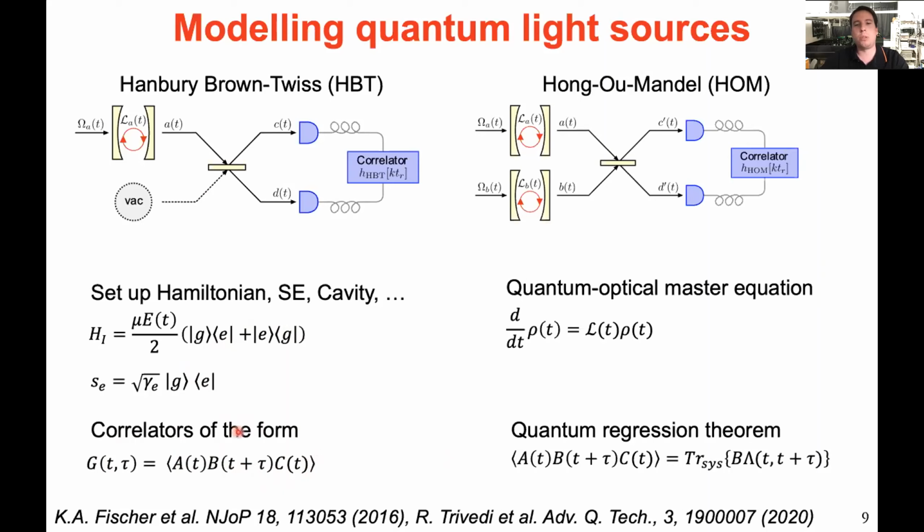And these can be calculated if you take the dissipation of the system into account, then set up the quantum-optical master equation and use an extended form of the quantum regression theorem to calculate the two-time correlations. This is a conceptually simple approach, but it's kind of resource demanding. My collaborators, Kevin and Raoul, also recently developed a scattering matrix formalism that is conceptually more complicated, but more resource economic. But at the end of the day, you arrive at the same thing.